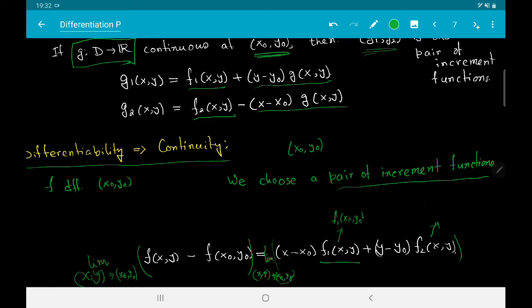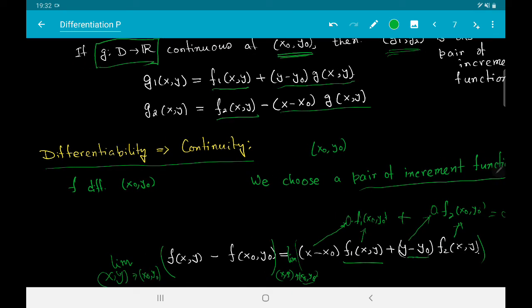This goes to f2 of x0, y0. Where does x minus x0 go to? It goes to 0. Where does y minus y0 go to? This also goes to 0. So in particular, the limit is equal to 0, and that is all our definition of continuity is. So we have shown that a differentiable function is continuous.